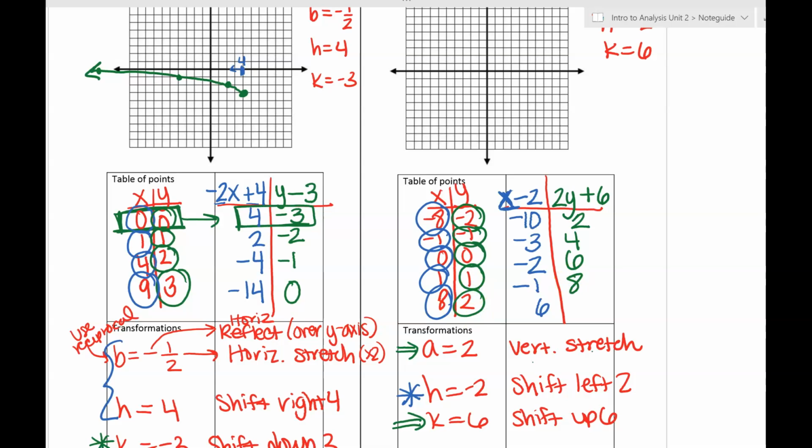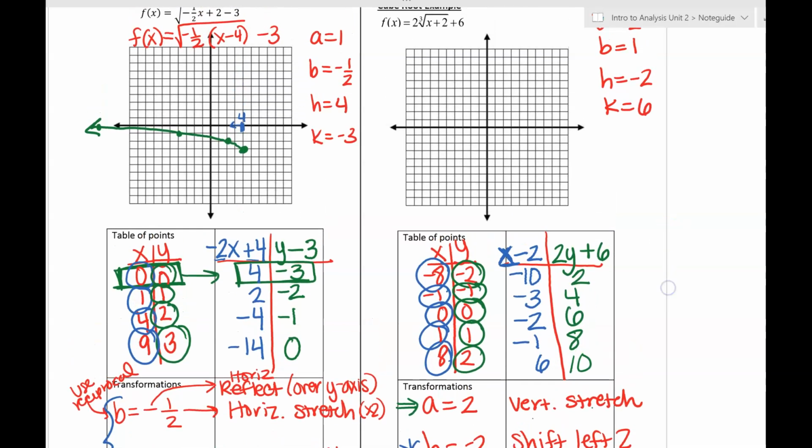And when I plug in 2, I get 4 plus 6, which is 10. So I'm going to plot these points: negative 10, 2; negative 3, 4; negative 2, 6; negative 1, 8; and 6, 10.